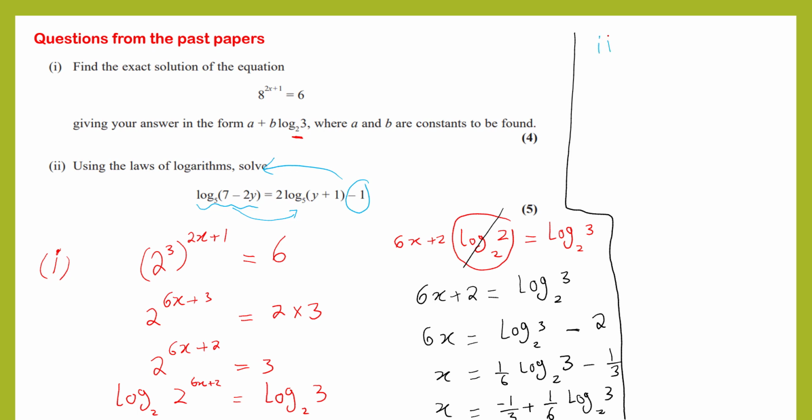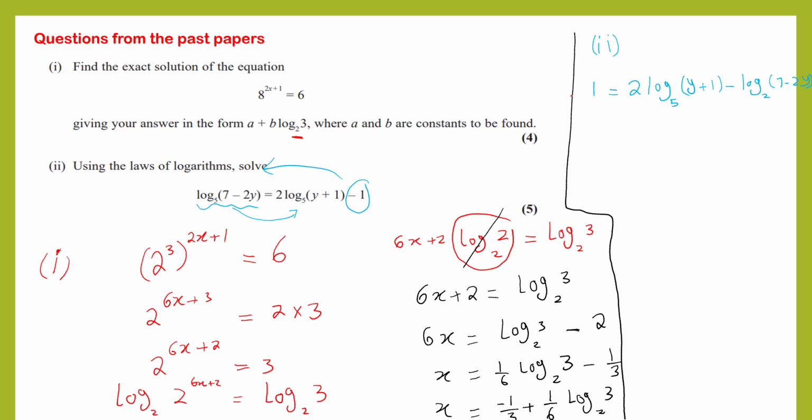We will rearrange the question. It will be 2 log y plus 1 to the base 5 minus log 7 minus 2y to the base 5, equals 1.